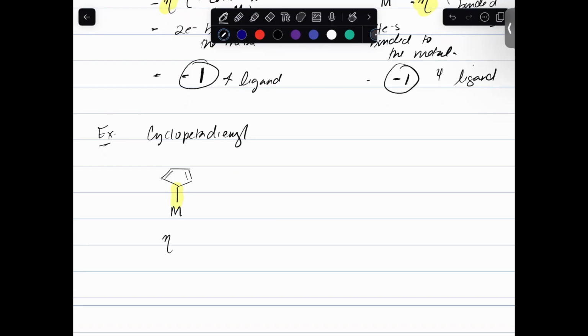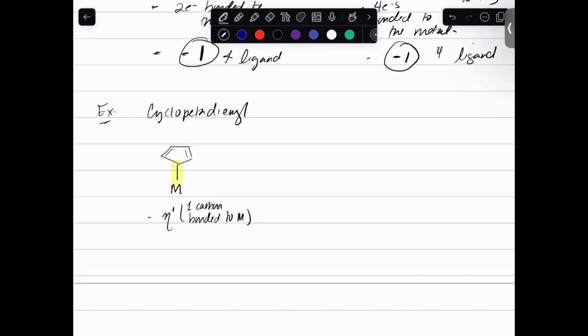This is eta 1, carbon bonded to your metal. The ligand is donating 2 electrons. Okay. I also gave you a different example.